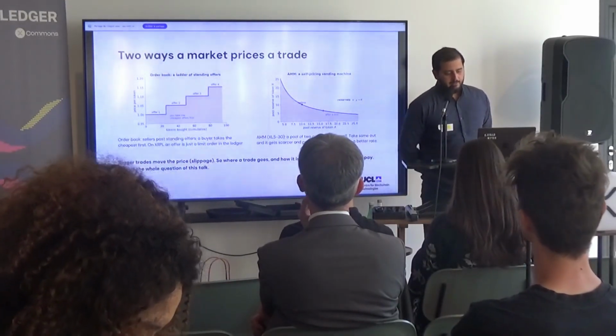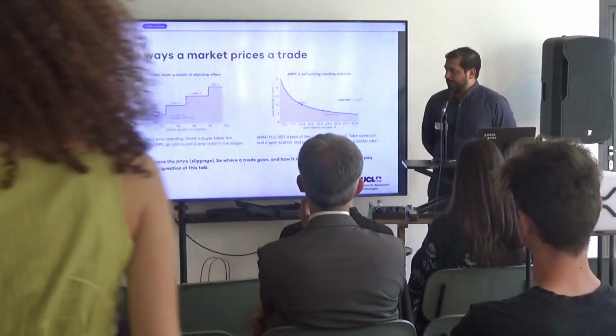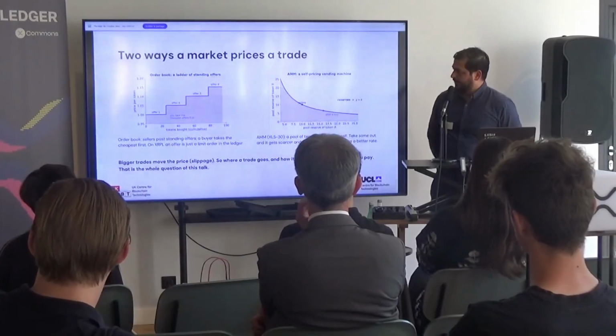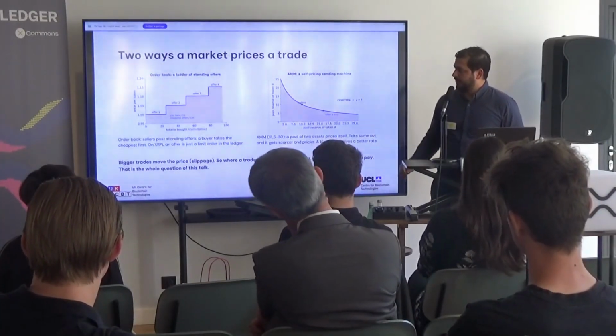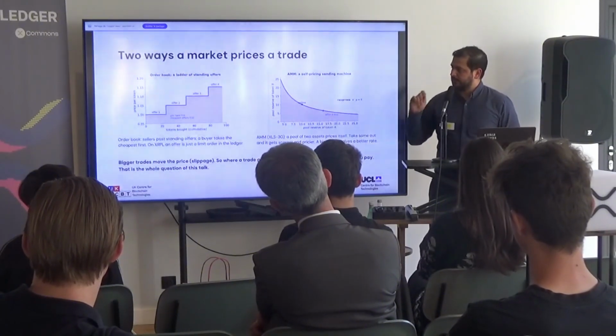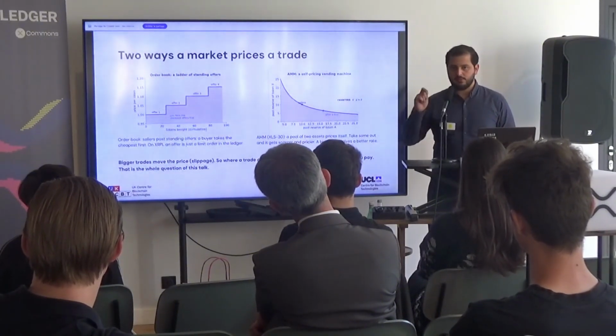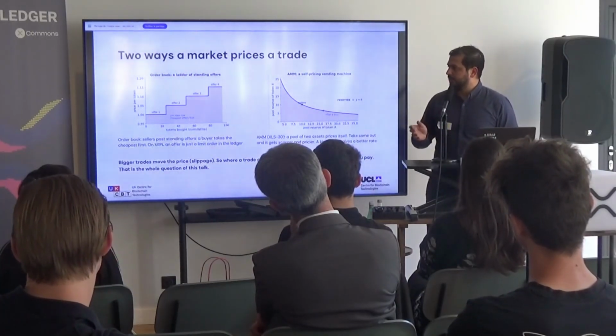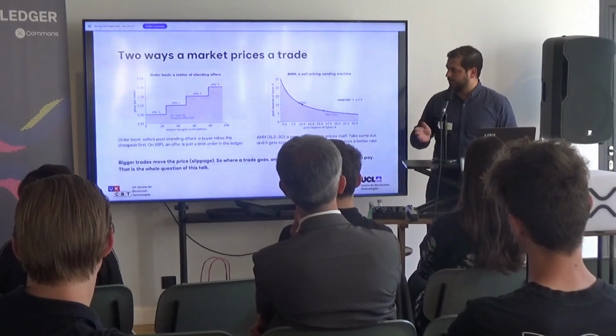Okay, before getting to more details, here is a limited order book on the right and the AMM on this side. The limited order book looks like a step ladder, because it's a stack of limited orders placed when someone does either a buy or a sell.